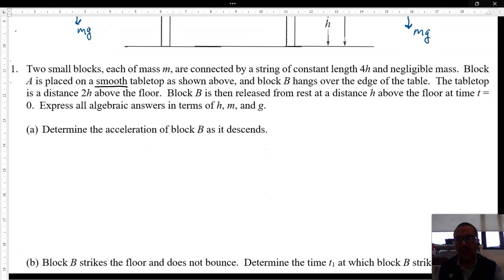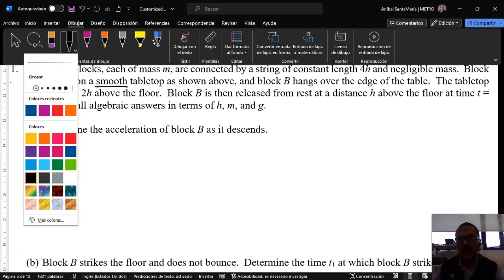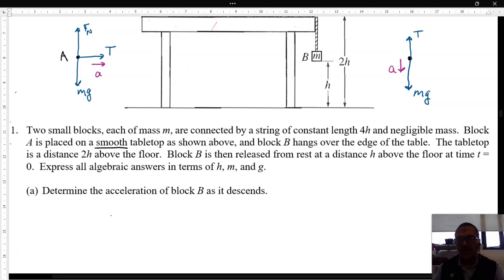So let's start by working with block A, in which case we have that the only force in the direction of acceleration is the tension. So your tension is equal to mass times acceleration. And in the case of block B, if we make positive the direction of acceleration, we have mg minus the tension is equal to ma.